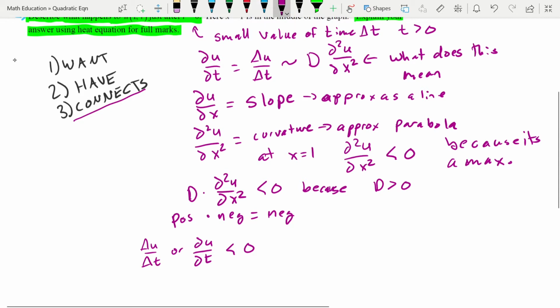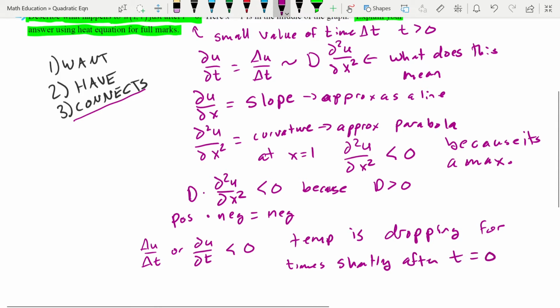So this means that the temperature is dropping for times shortly after t is equal to 0.